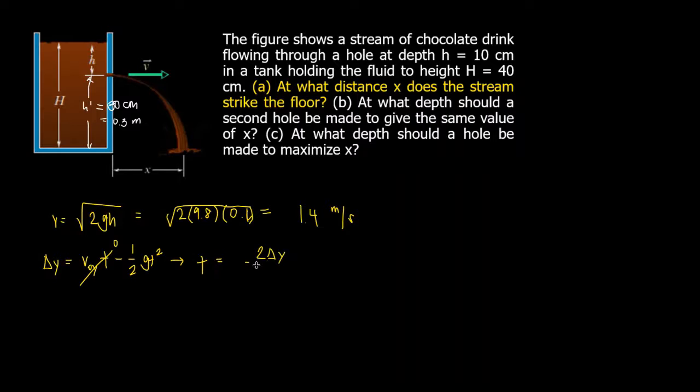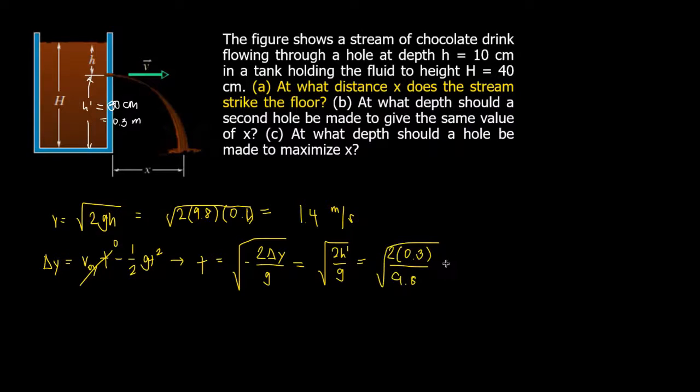Negative 2 delta y over g. Take the square root, or in this case, 2h prime over g. So what is 2h prime? That is 2 times 0.3 meters divided by 9.8 meters per second squared.